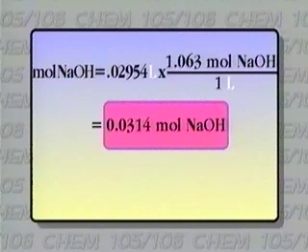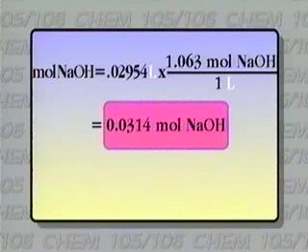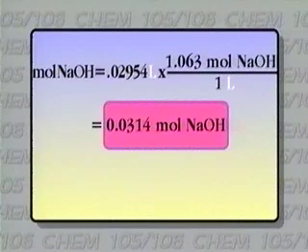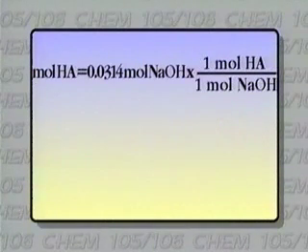We then would ask, how many moles of HA do we have? Now we go back to our balanced equation. 0.0314 mole of NaOH multiplied by 1 mole of HA divided by 1 mole of NaOH. And you might say, well, what a stupid step to take.